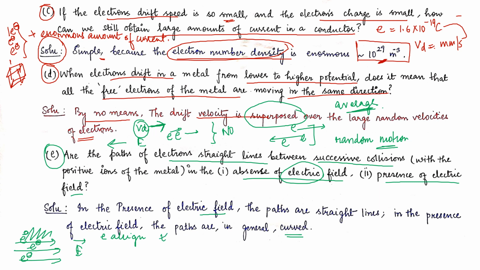But in the absence of E, they are extremely random, some moving here, some moving there. There is no alignment, so they move in curved pathways.